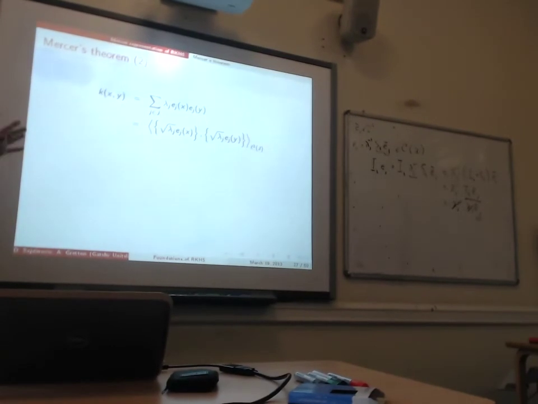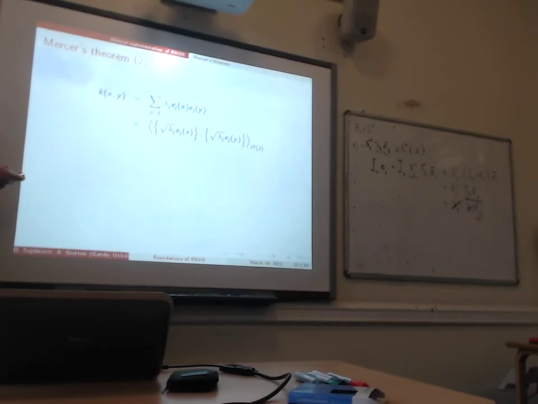So what does this give us? First of all, it gives us another feature space representation. So I've written that k(x,y) is this sum, but that's just the inner product in small L2 of two sequences. One of them is square root lambda j, Ej evaluated at x.